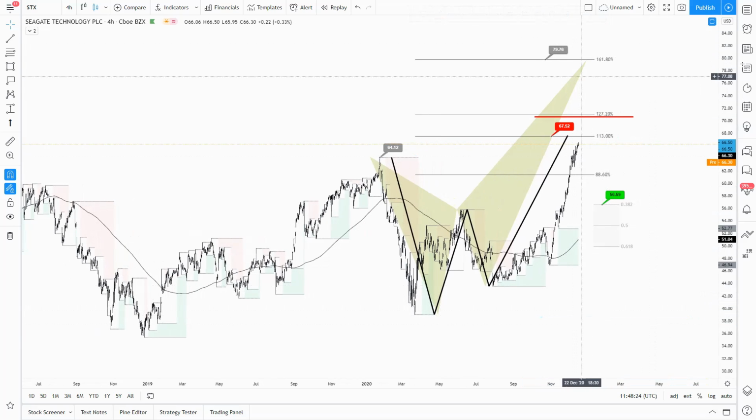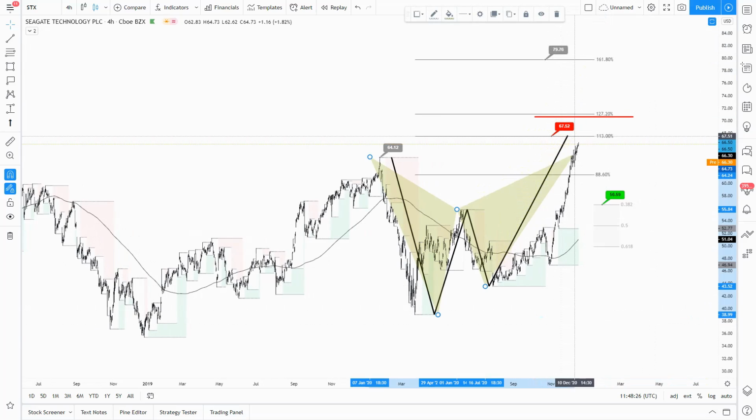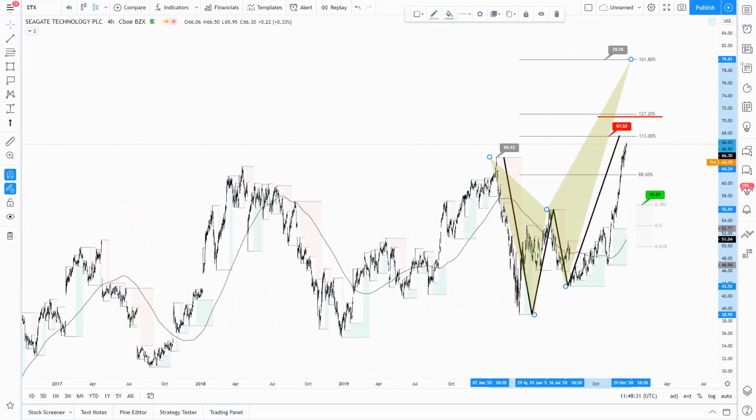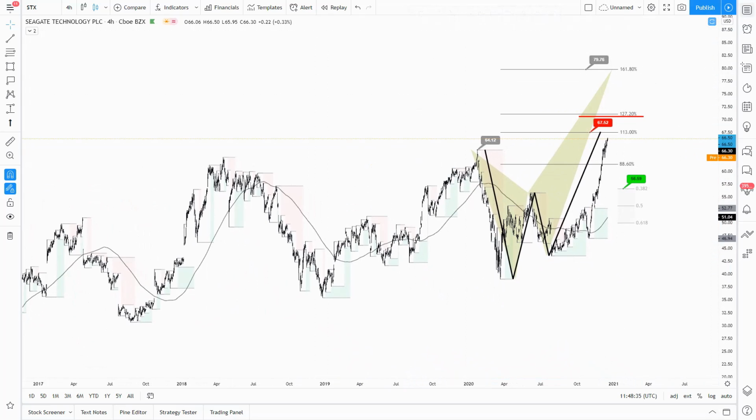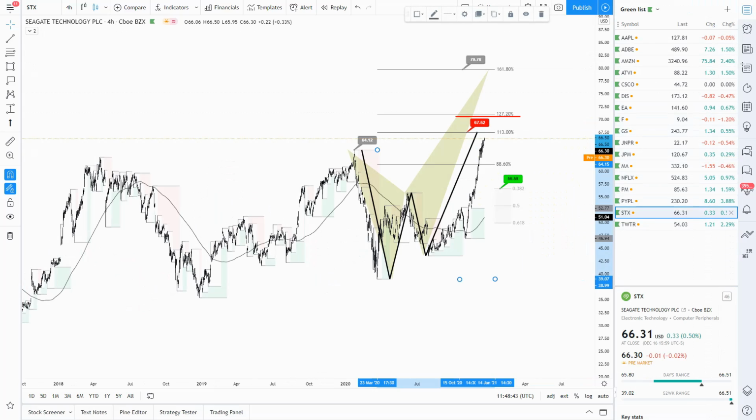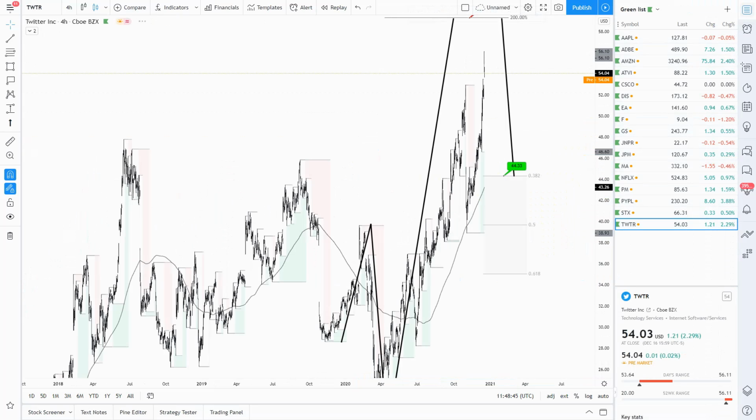So at this point, we are approaching the 113% Fib, but again, I see momentum, and I will not be surprised to see Seagate also targeting the Fibonacci extension level 79.76, the bearish crab pattern.